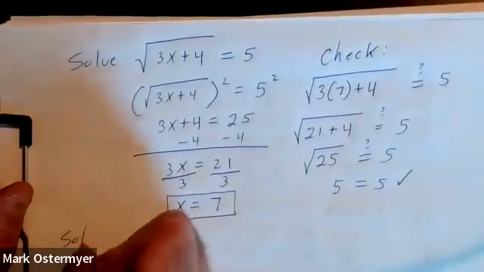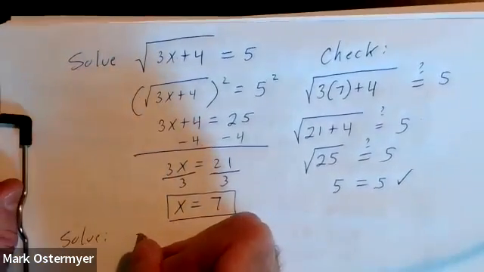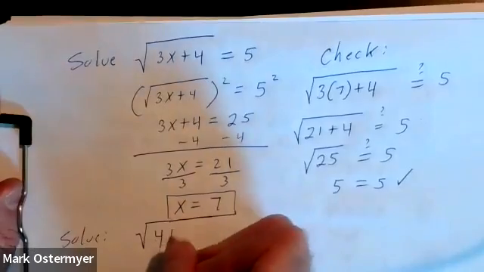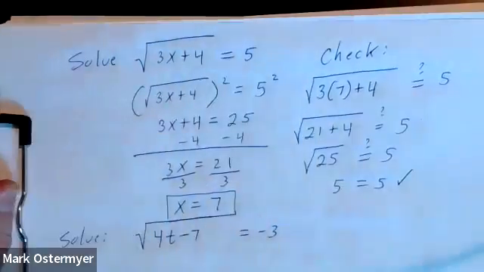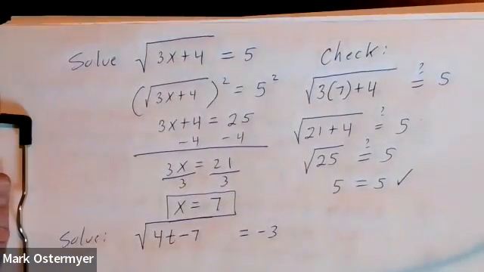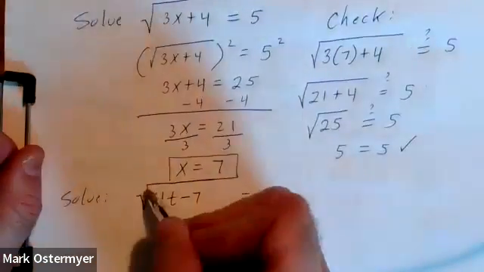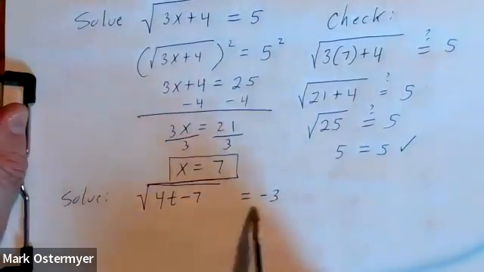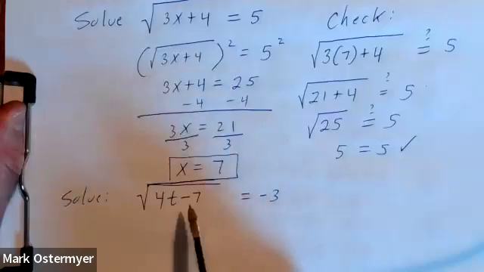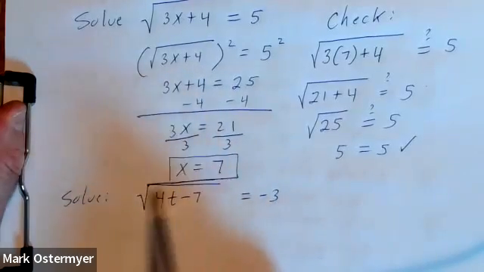All right, let's try another one here. We are going to solve this square root equation. We have the square root of 4t minus 7 equal to -3. First of all, we want to isolate the square root on one side of our equation.